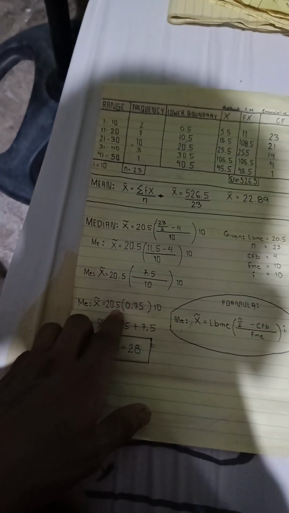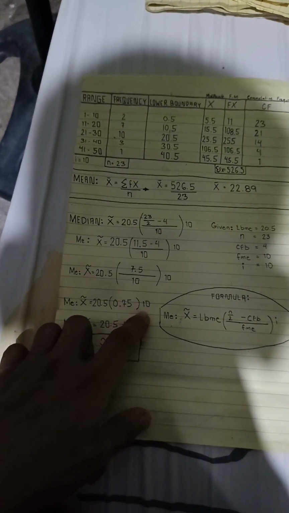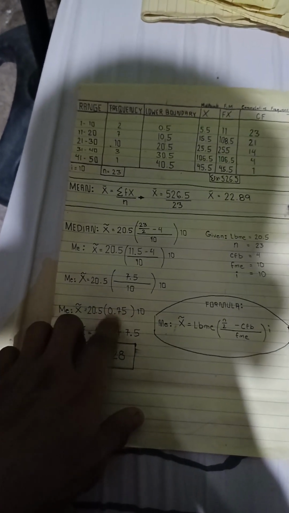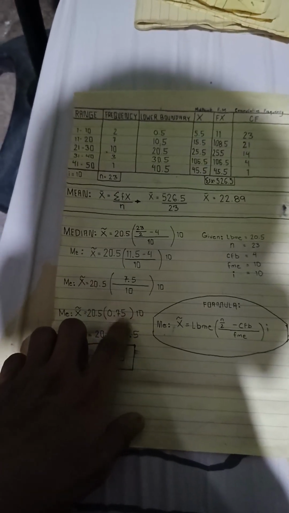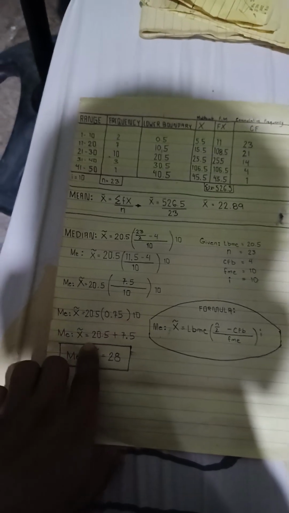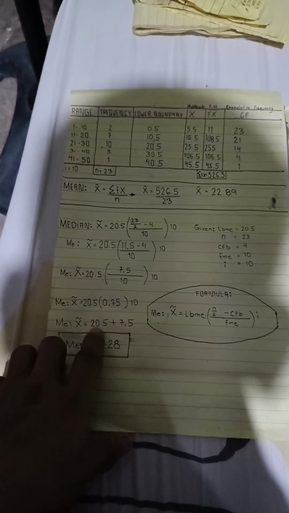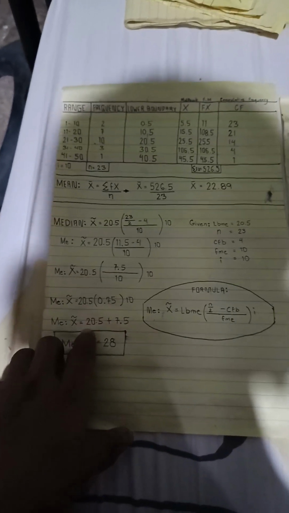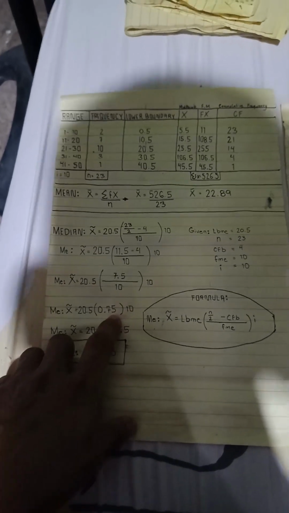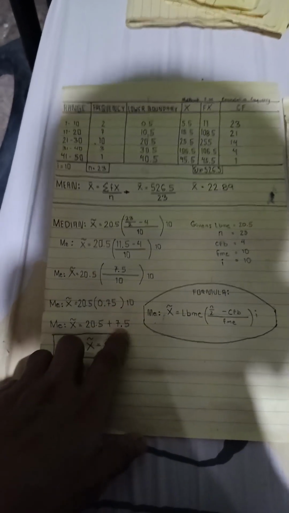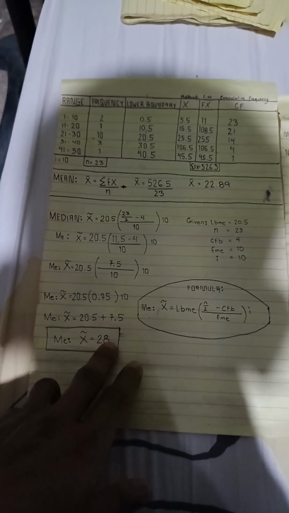And then 20.5 plus 0.75 multiplied by 10, because we multiply this 0.75 to 10. Next, just copy the first number, 20.5, because we simplify this first. 0.75 times 10 equals 7.5, resulting to our median of 28.